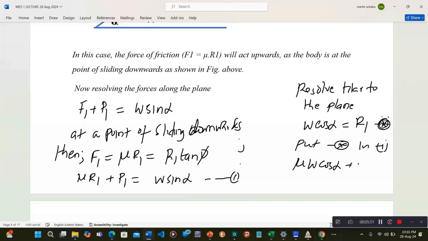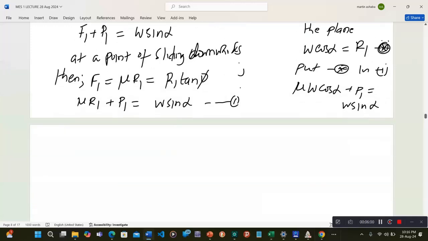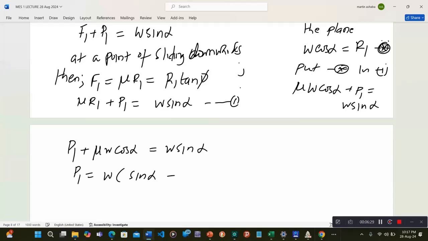So P1 plus nu W cos alpha is equal to W sin alpha. Our P1 will therefore equal W into sin alpha minus nu cos alpha.